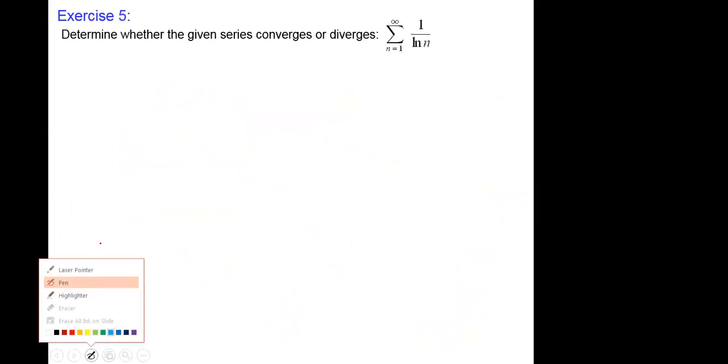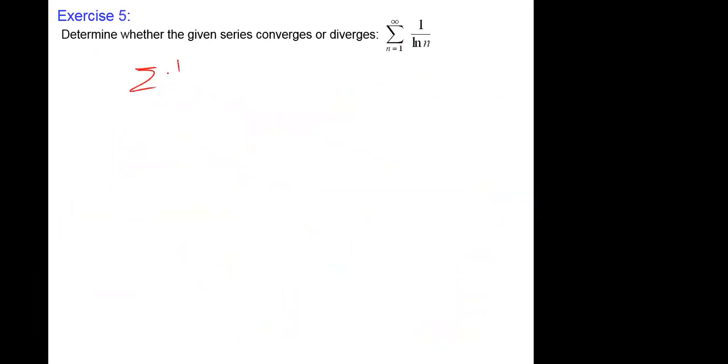Can you tell me what to compare with? I can maybe write a summation right away, because now we know. When we have a logarithmic function, we always have to start with 3. That means I can definitely compare ln of n with n, right? ln of n is definitely less than n.